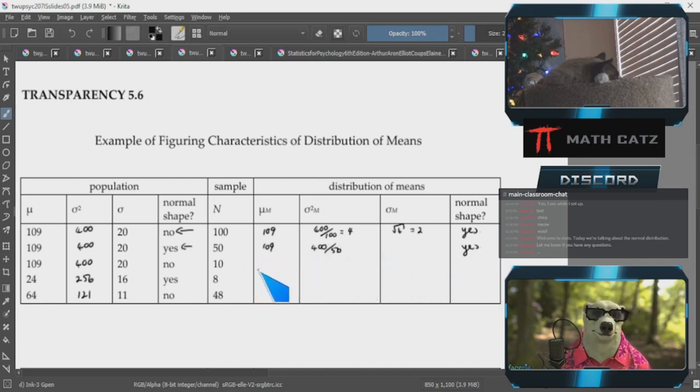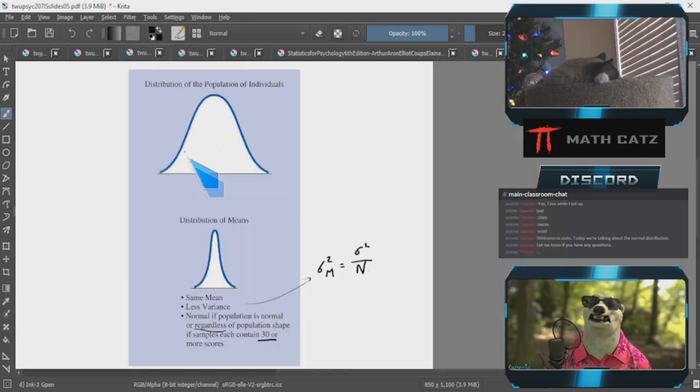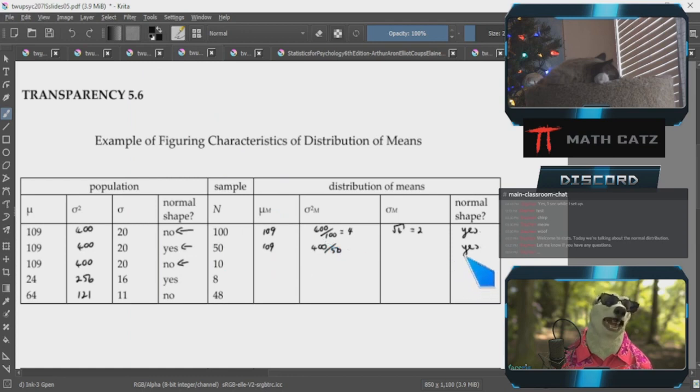Straightforward, I hope. For the next one, if the population of individuals is not normally distributed, I have to look at my sample size. If my sample size is, what did we say, 30 or more, then our distribution of means will be approximately normal. This one, however, is only 10. So let's make a no there. I will not have a normal shape. I'll have something else, and I would have to see what that is and go another way.